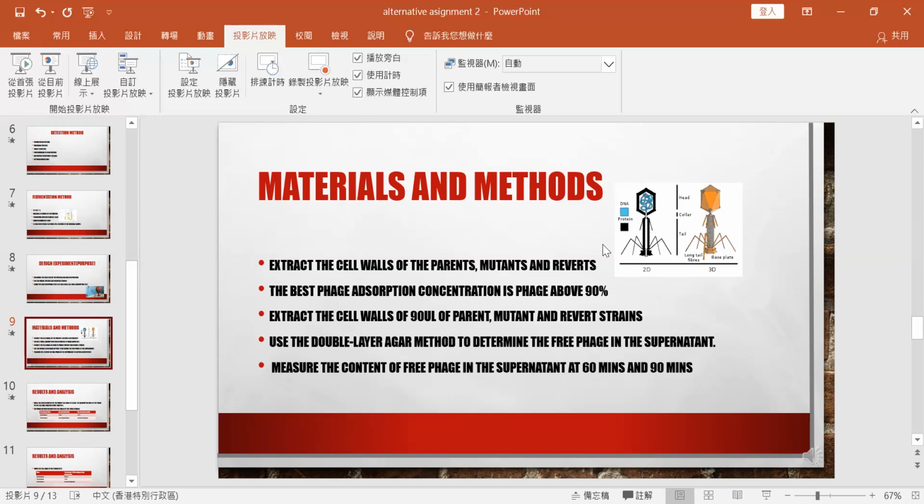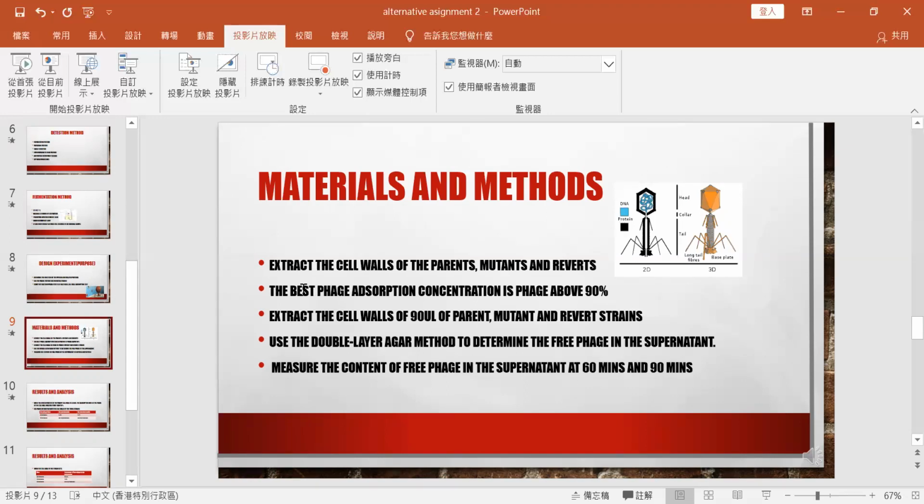Then we mix it with the phage, and we can measure the free phage in the supernatant by double layer agar after centrifuging at 60 minutes and 90 minutes, so it lets us measure the content of free phage in the supernatant.